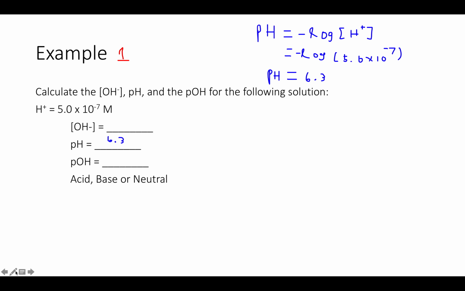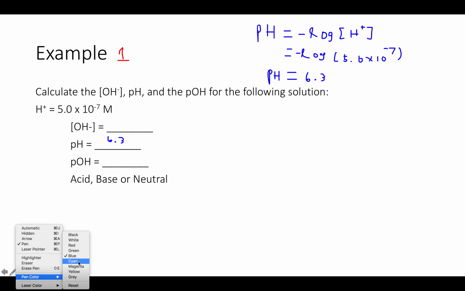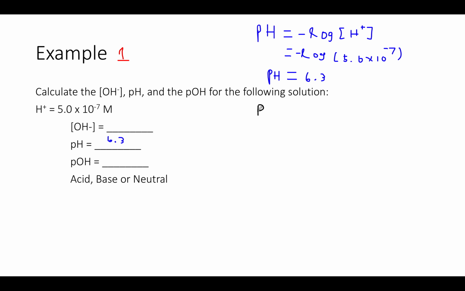From the pH, we can get the pOH, because the pH plus the pOH equals 14. So 14 minus the pH would equal the pOH.